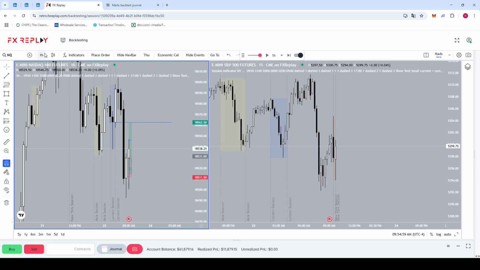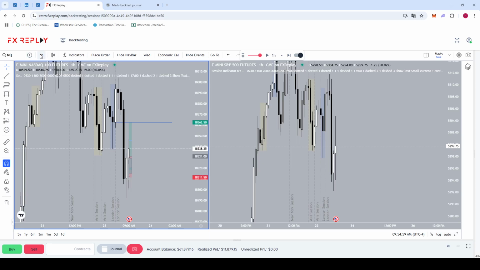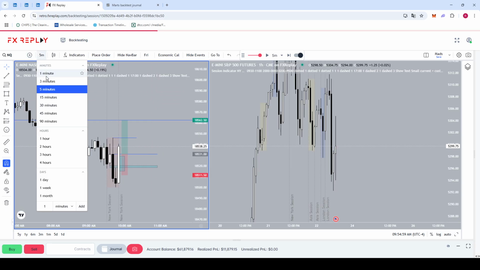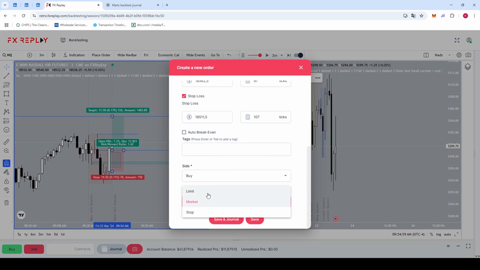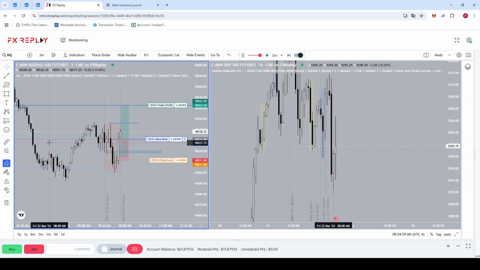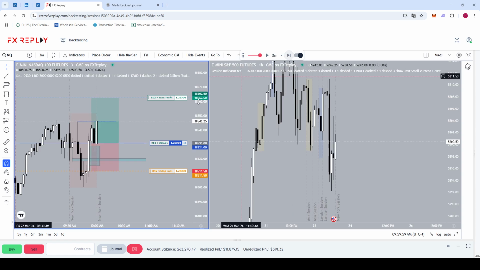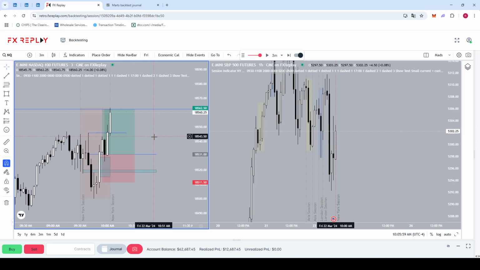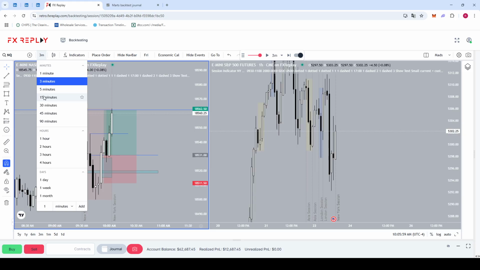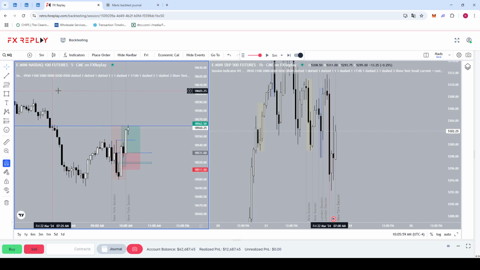We did come up into this 1 hour fair value gap, right? For me, this is just making sense going up here. So this is my break-even point. Nice, beautiful. Do we see more rally? Well, we can see in a minute or two.